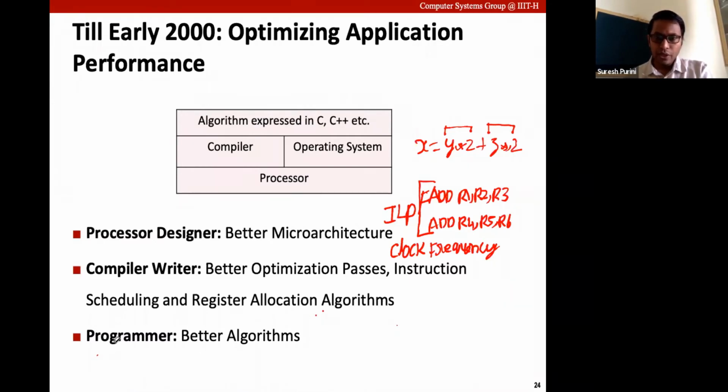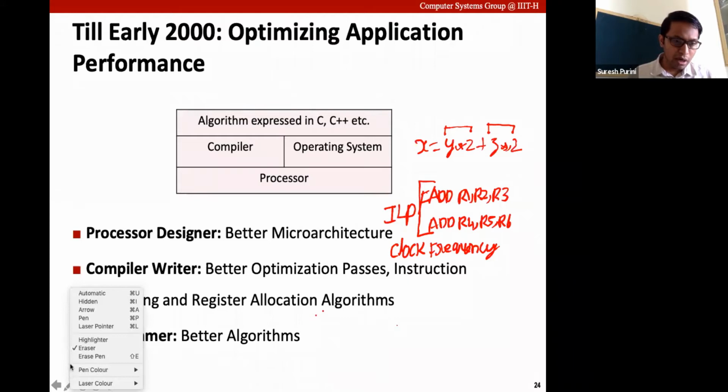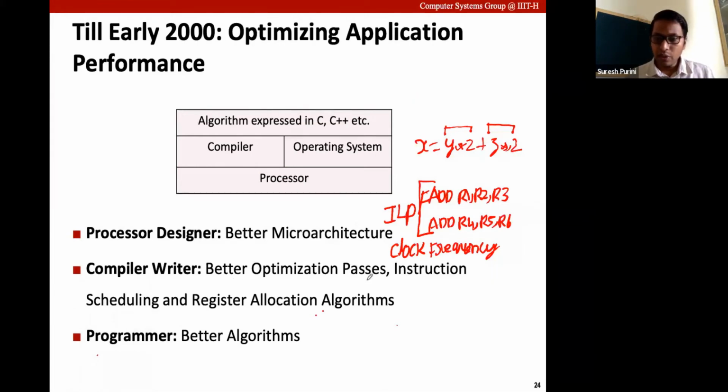Okay. So here, in the context of instruction level parallelism, I want to make one note. Most of you may have done the computer systems organization course. So here there are two kinds of architectures that are possible to exploit this. In your CSO course, you would have studied what is called pipelined parallelism.